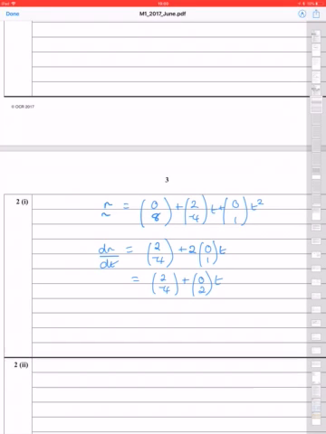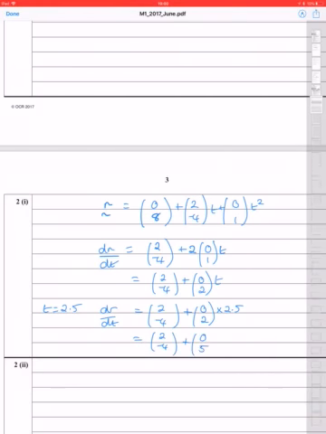So part 2, it says find the velocity when t equals 2.5. Sorry, I haven't finished. So when t equals 2.5, dr by dt equals 2 minus 4 plus 0.2 times 2.5, which is 2 minus 4 plus 0.5.